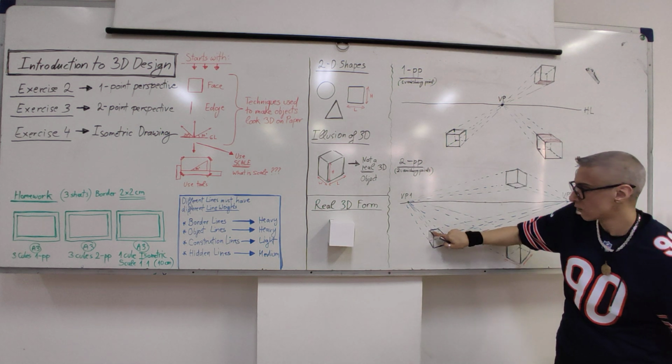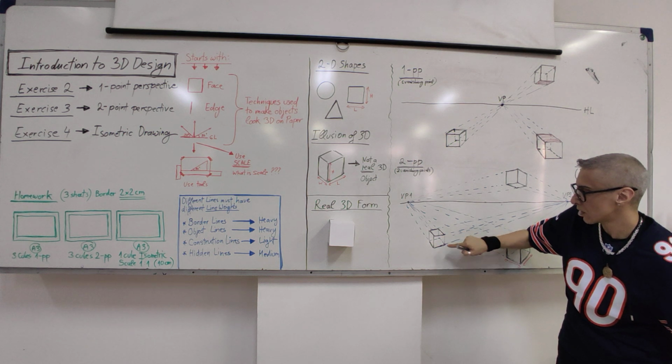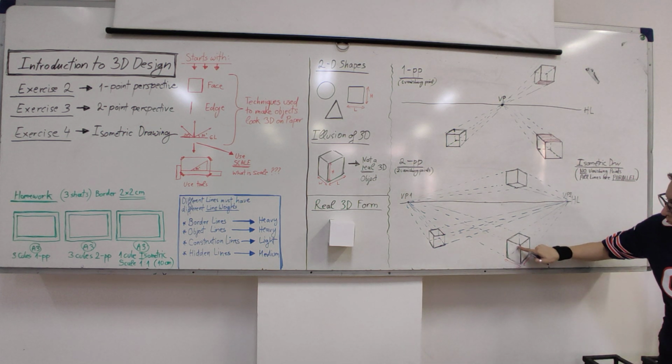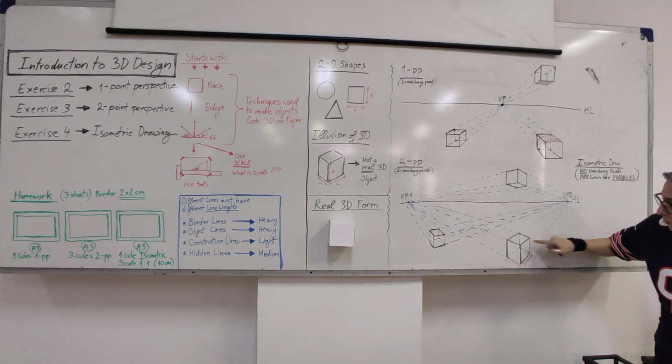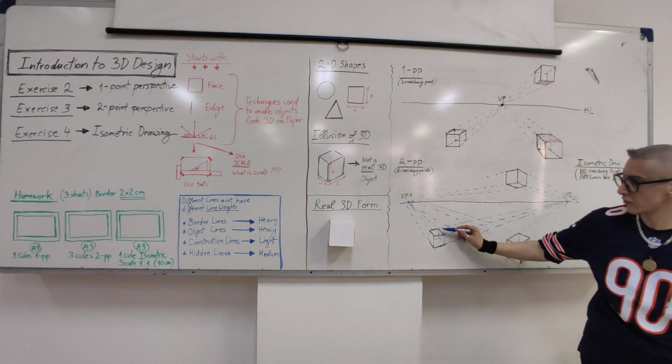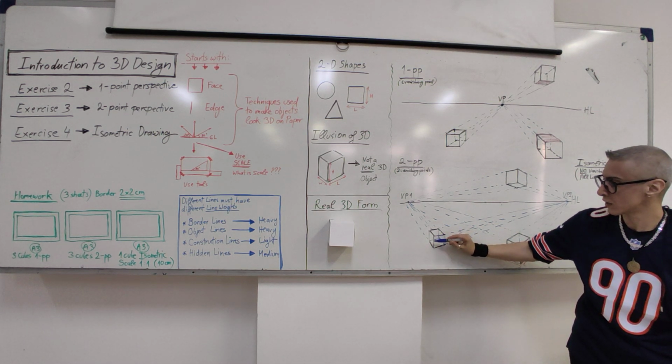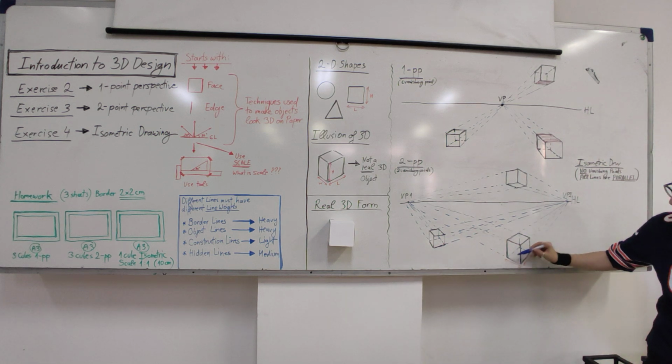Okay. So let me just delete this here so you don't get confused. So these here we will also remove. So these are the three hidden lines. Here, here, here. Here, here, and here.